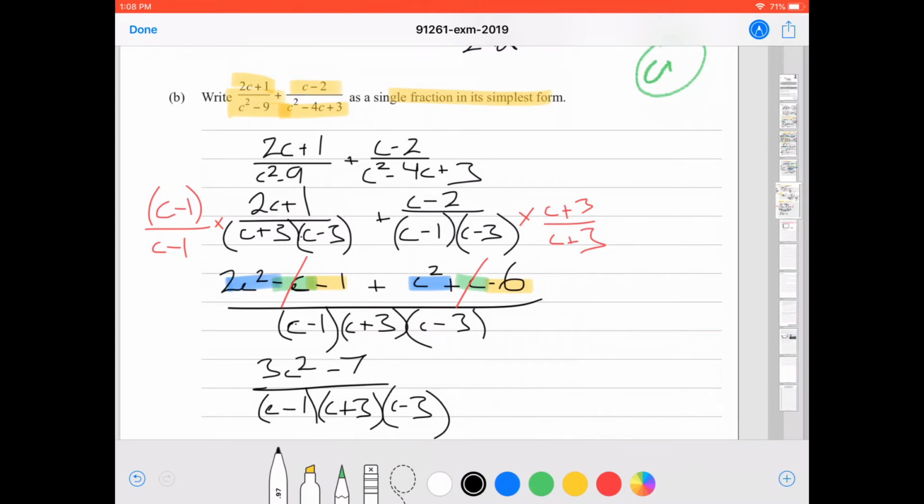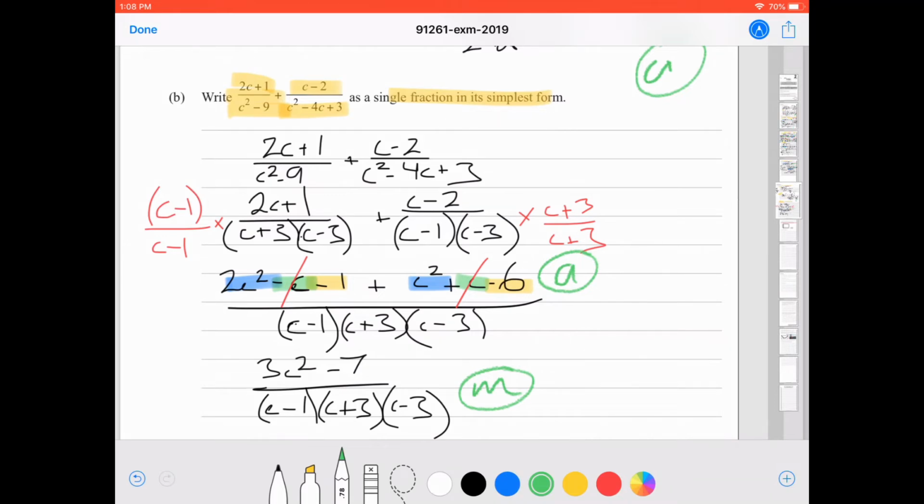We can just keep them in factored form. And here, believe it or not, is the correct simplification, and that gets you a merit. Achieved for arrangement to a single fraction. So I guess in here somewhere it gets you the achieved.